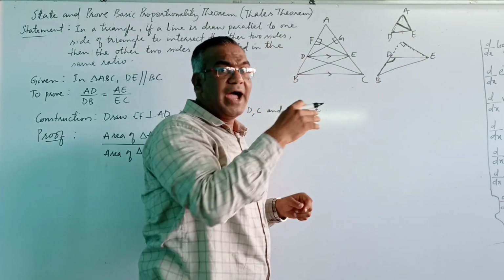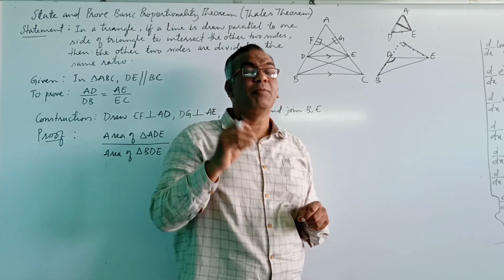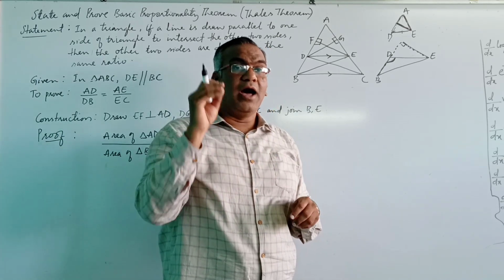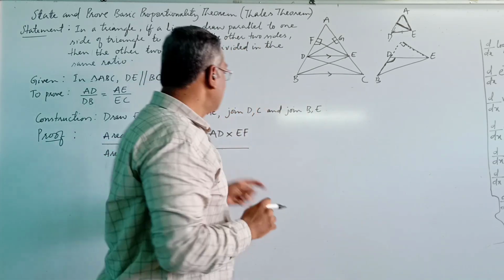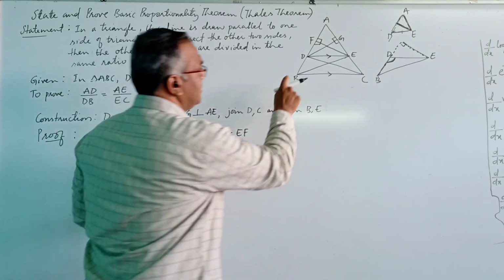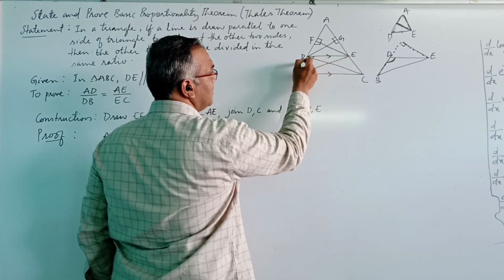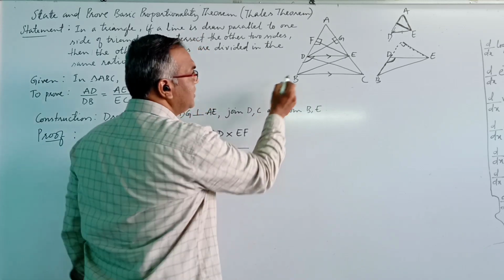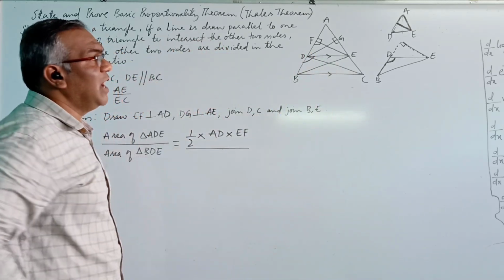So it means the height in an obtuse angle triangle may be outside the triangle, right? So here BDE is an obtuse angle triangle, so its height will be out of the triangle.